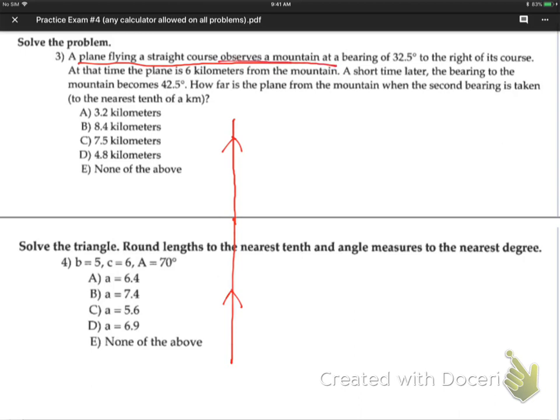He goes, look, a mountain, at a bearing of 32.5 to the right of its course. So at some point, he makes an observation. Let's say right here. He's flying, he looks over, he sees a mountain 32.5 degrees to the right of its course. So here's my course, 32.5 to the right of that.